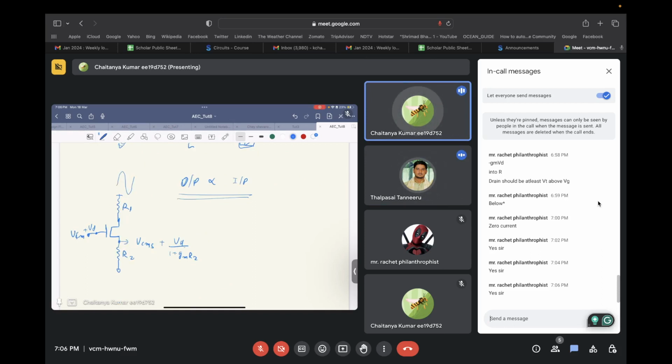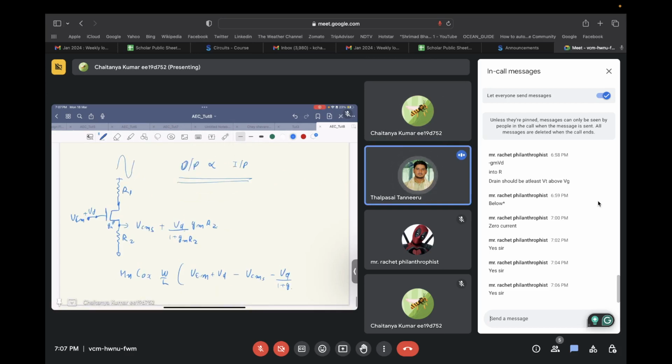Now, what is the GM of this transistor? It will be basically mu n Cox W by L times VCM plus VD minus VCMS minus VD divided by 1 plus GMR2, minus VT.